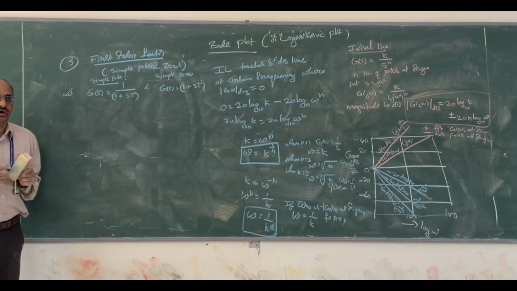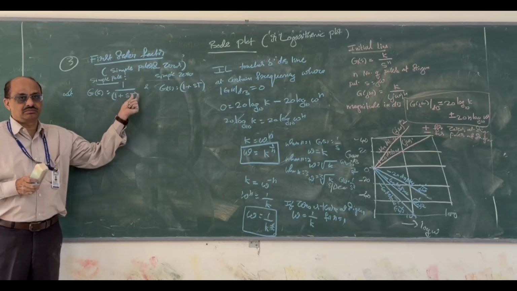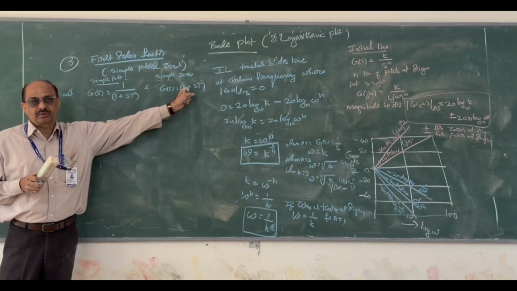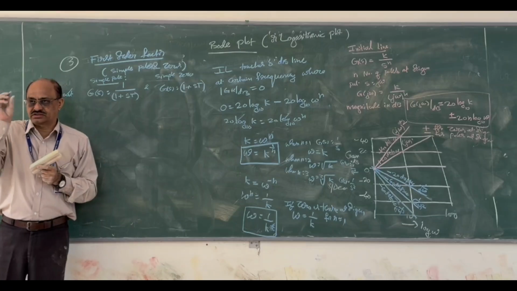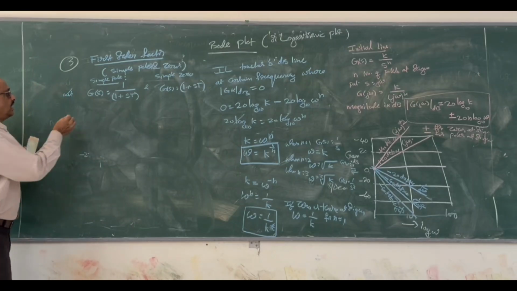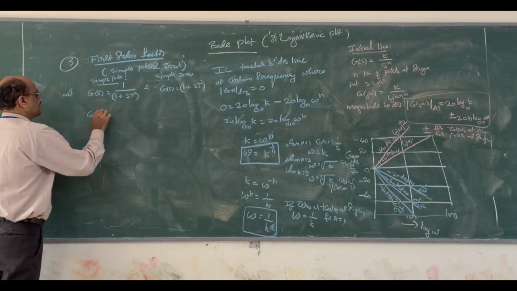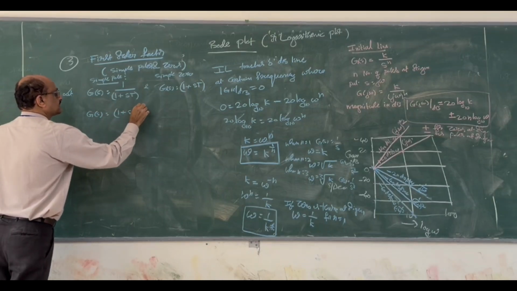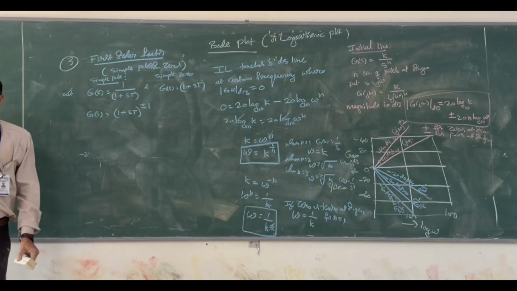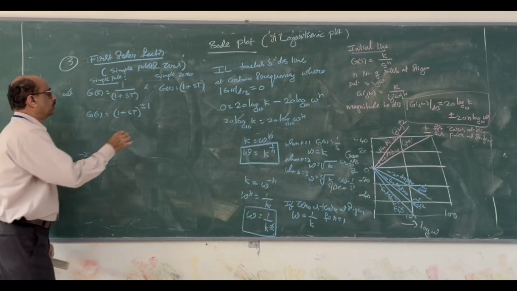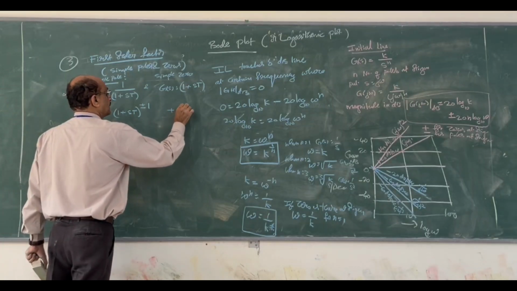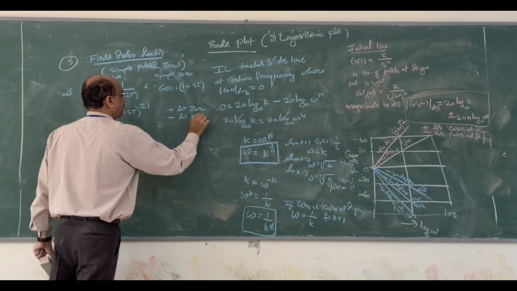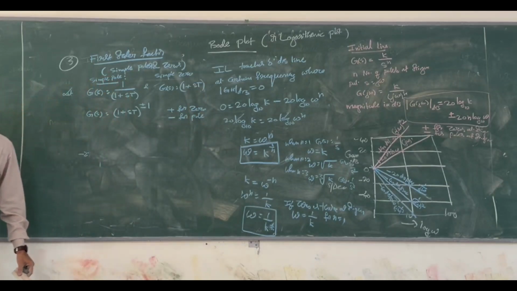It should be in the form 1 plus ST, where T is some constant. Together I can write this as G of S is equal to 1 plus ST to the power of plus or minus 1: plus for zero, minus for pole. We'll derive this together.